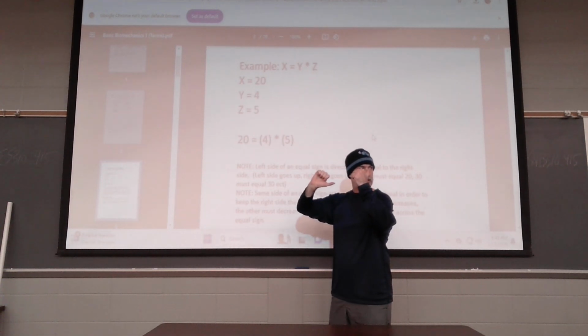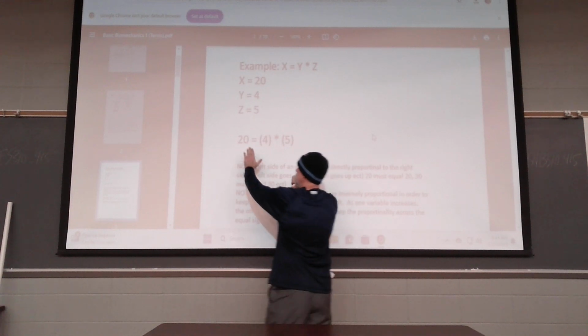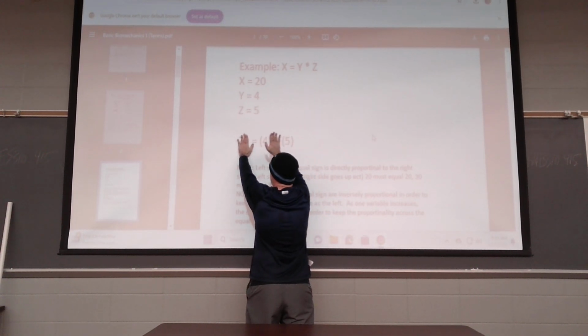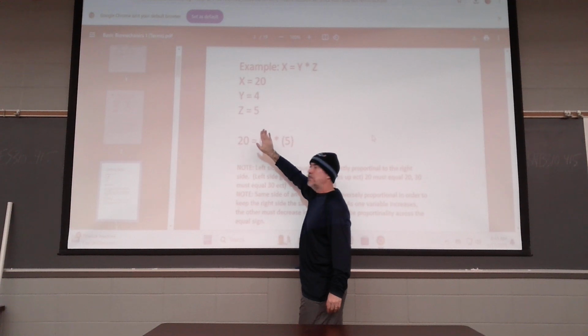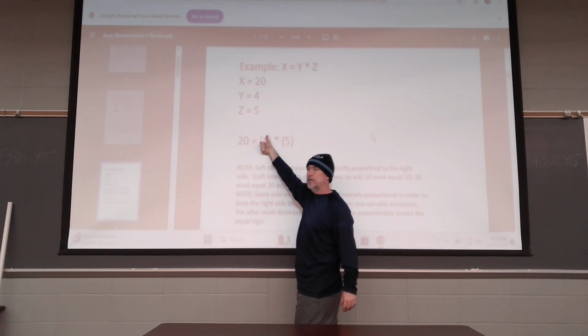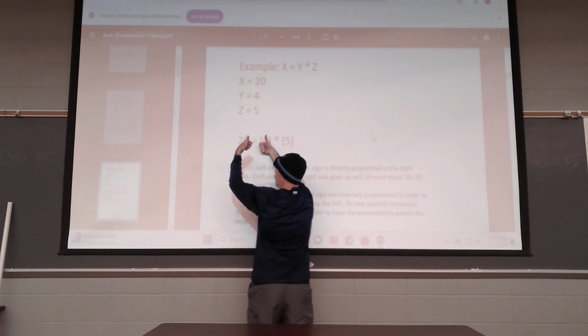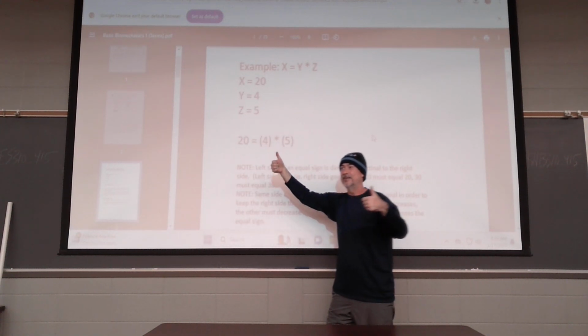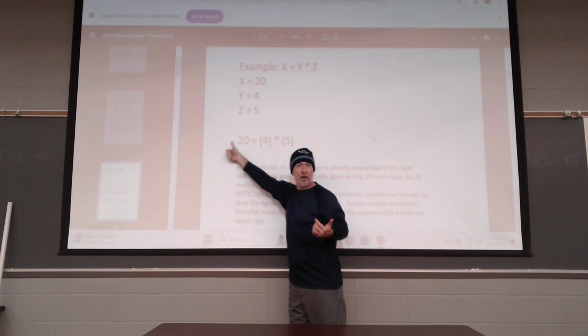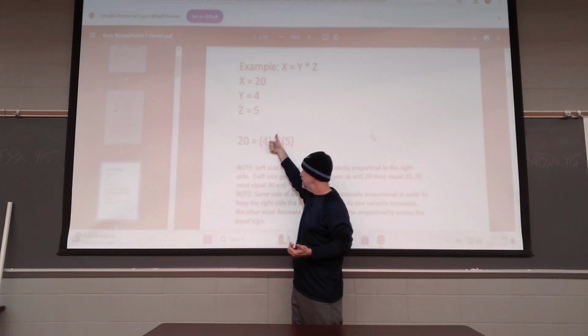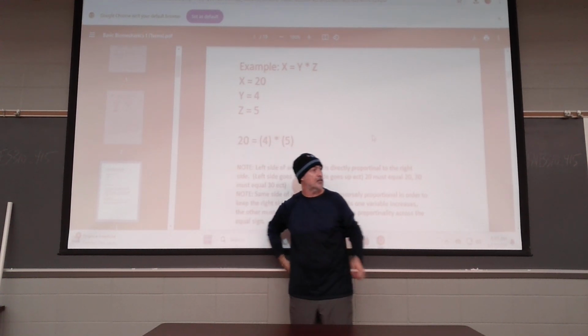So let me show you direct and inverse proportionality. If I increase this variable to 5, that means this variable has to also go up. Now this has to become 25. That's a direct proportionality. If I increase the right side of the equation, I have to increase the left side.